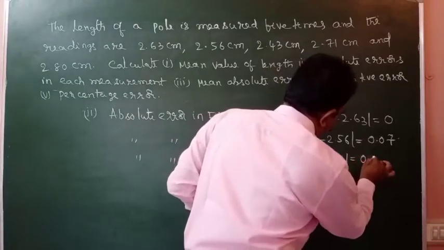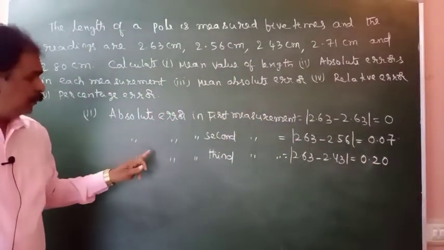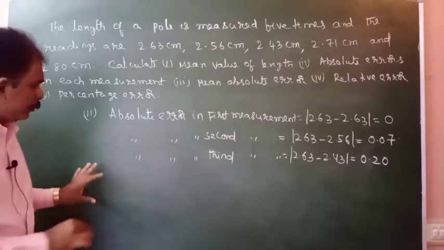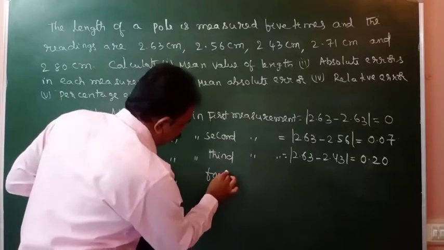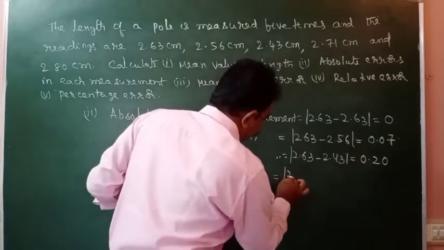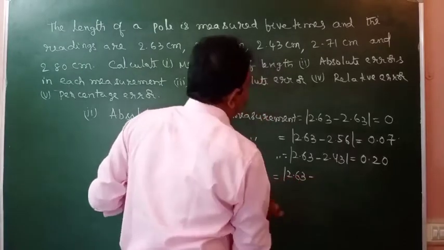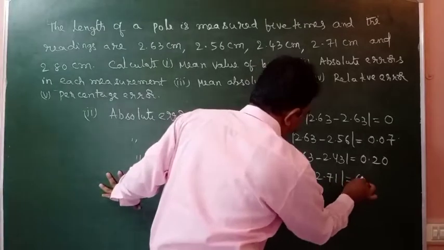This value is 0.20. That is the absolute error in third measurement. Similarly, absolute error in fourth measurement is equal to 2.63 minus 2.71.